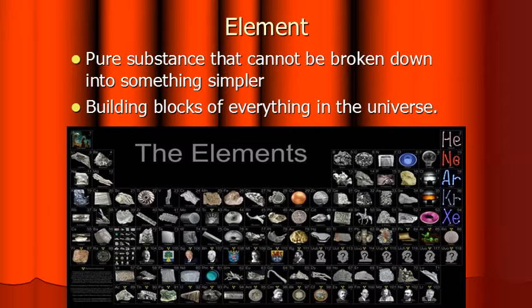These are the building blocks of everything in the universe. Think of them like if you're playing with Legos and making stuff, this is one individual type of Lego. So maybe this first block here is one of the little rectangular blue Legos.